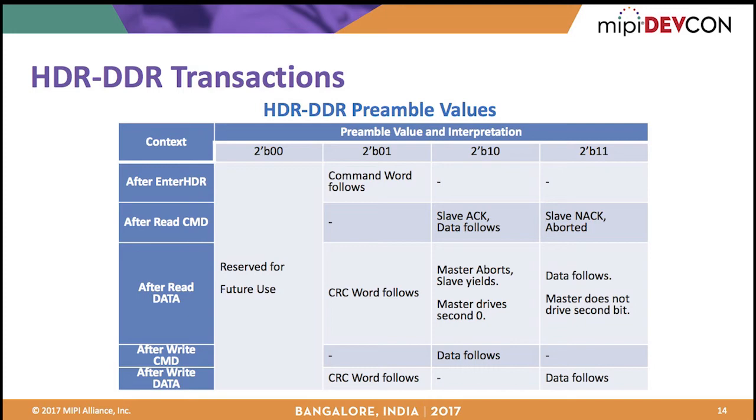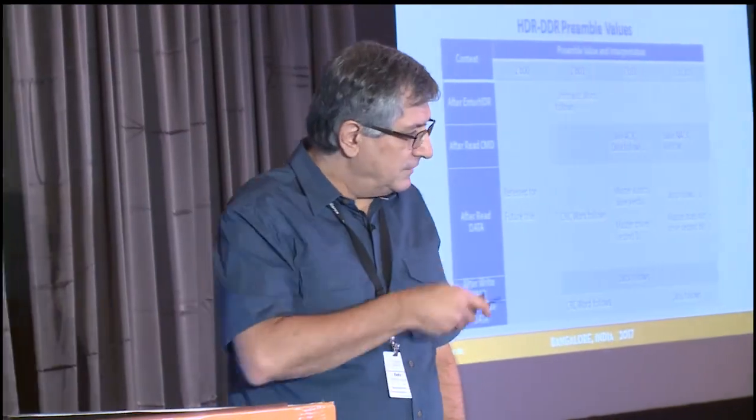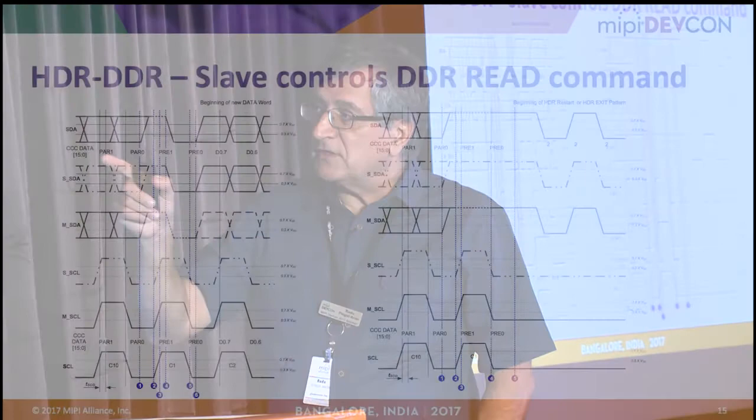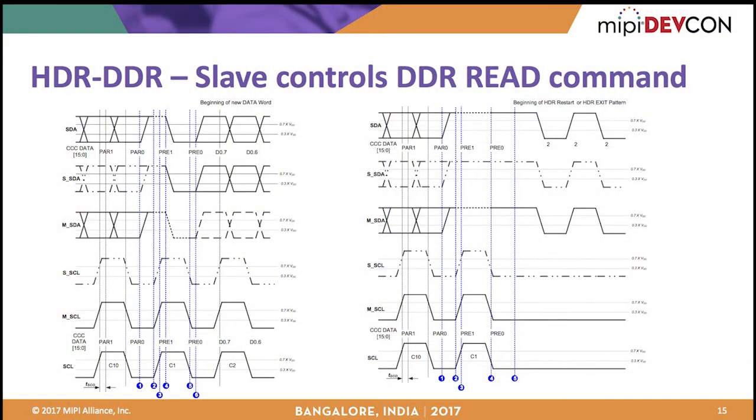So that's why you have this combination. However, when you are on the read data, it goes exactly opposite. And in the little time that I still have, let's look at this one very quickly. So in the specs, you're going to see this type of signal diagrams.